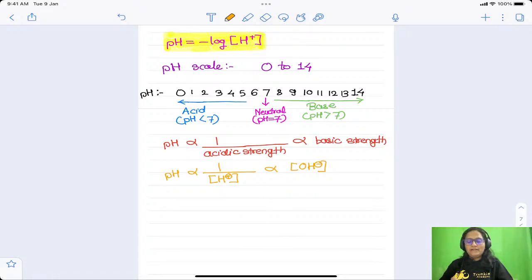Okay, I hope you have taken a screenshot. Now let us see some questions based on the pH scale.